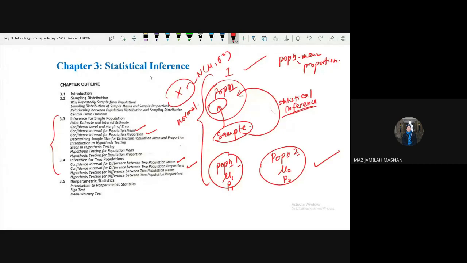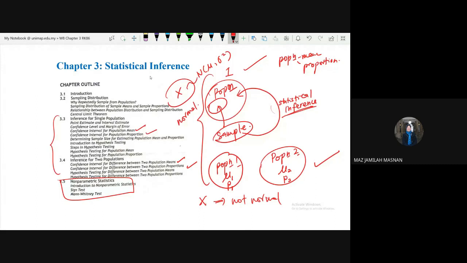So we are going to see the option if we have an X random variable that is not following normal, so not normal data. What if we have not normal? What option can we use to make a statistical inference for our X that is not following a normal probability distribution? That will be captured by the last part on non-parametric statistics.